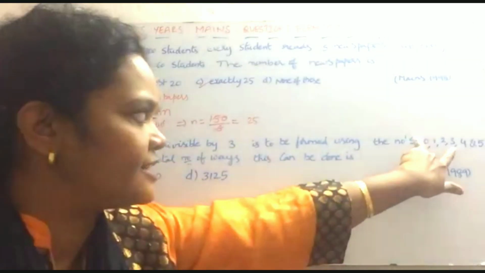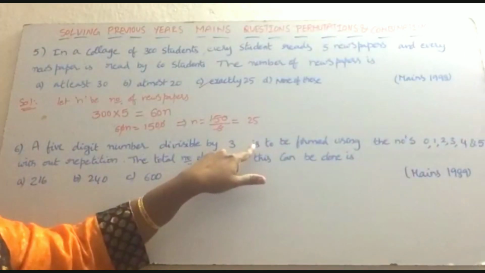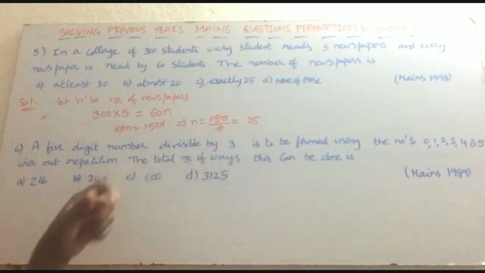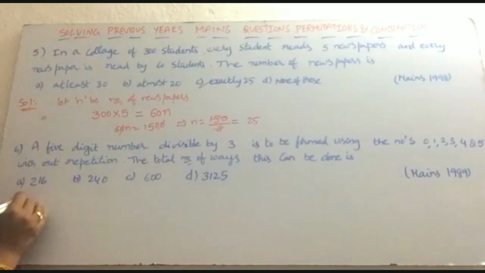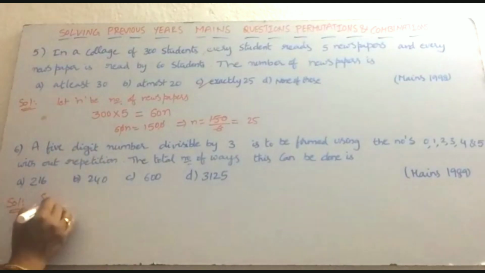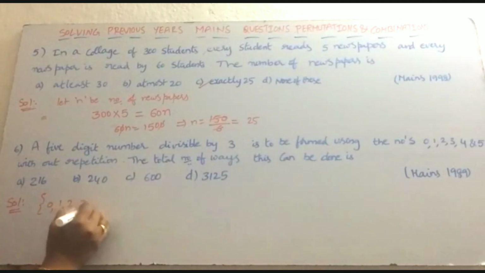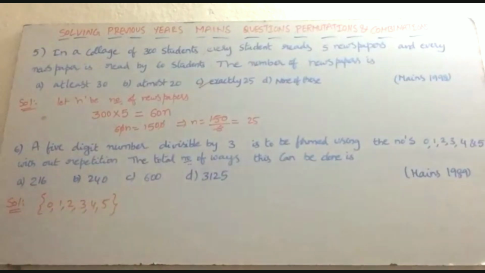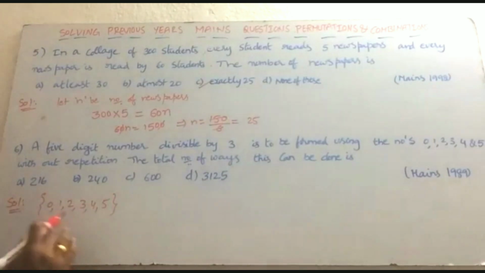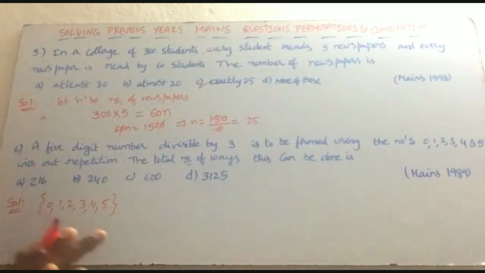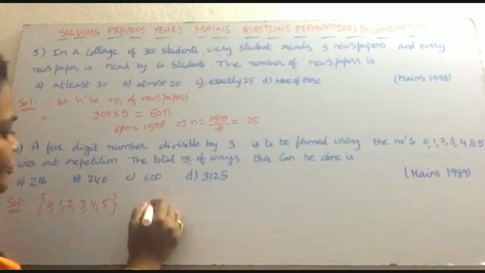They gave 6 digits, but we need a 5-digit number divisible by 3, from the digits 0, 1, 2, 3, 4 and 5. So divisible by 3 is only possible when the sum of digits is a multiple of 3.